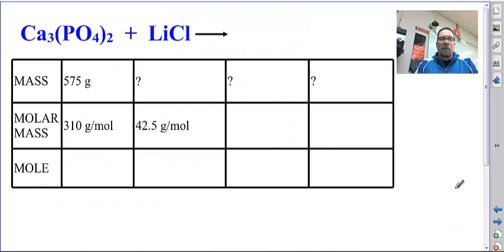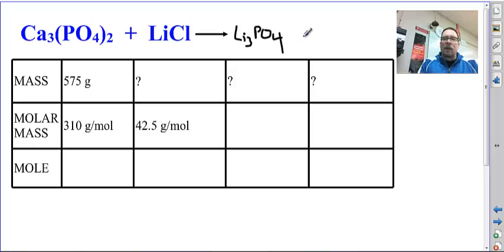Let's go right to the example. Here we have a double replacement reaction. Calcium phosphate and lithium chloride are going to interact, and of course this cation goes with that anion. So we're going to make some lithium phosphate, and we need 3 of those because phosphate is a -3.